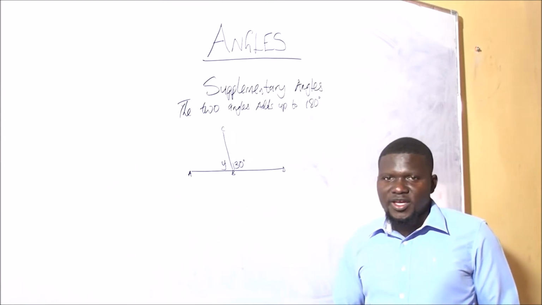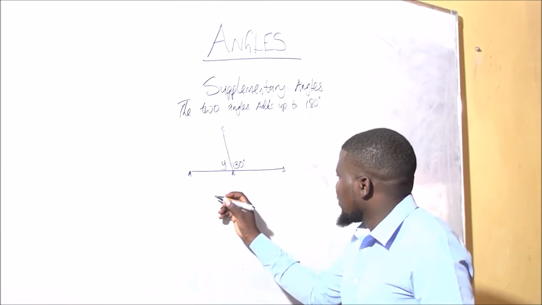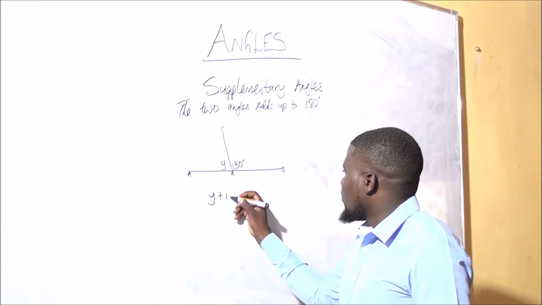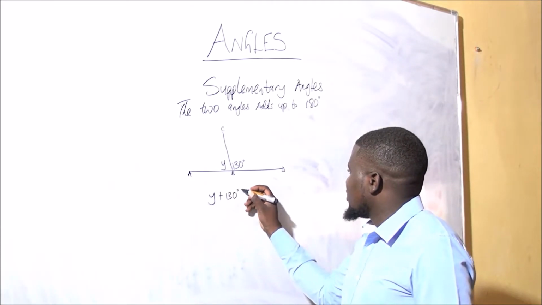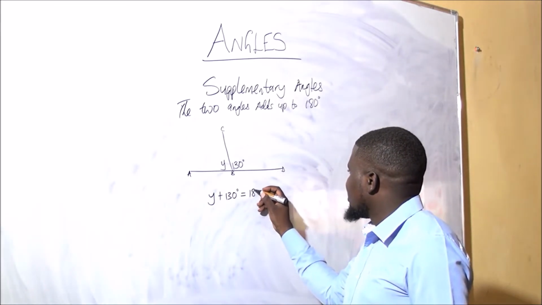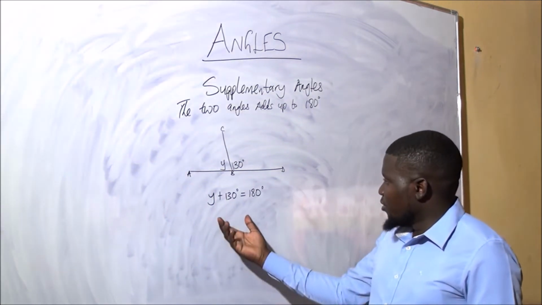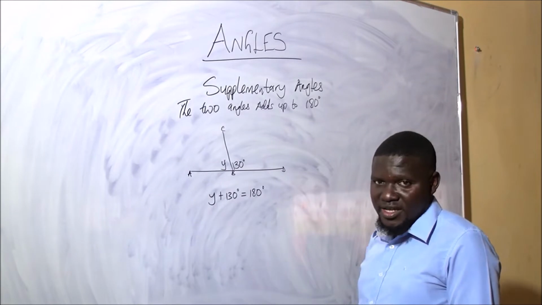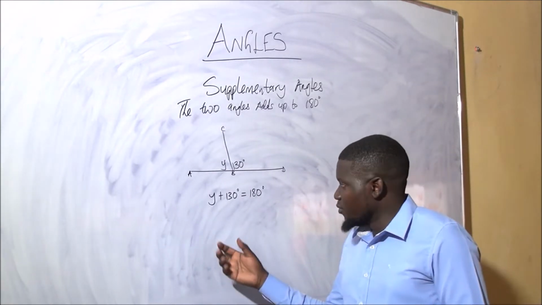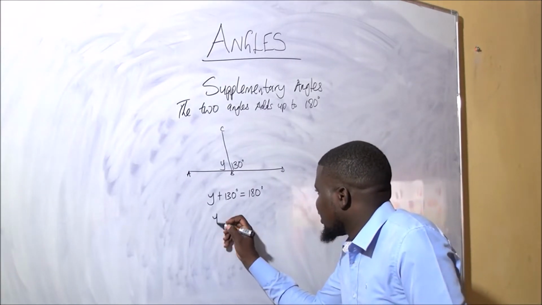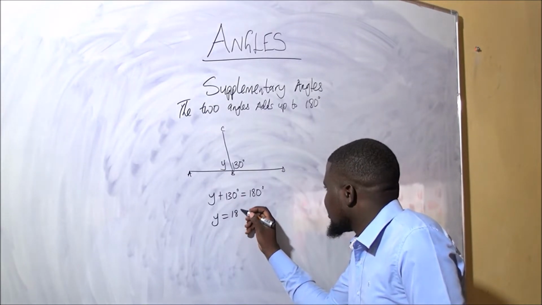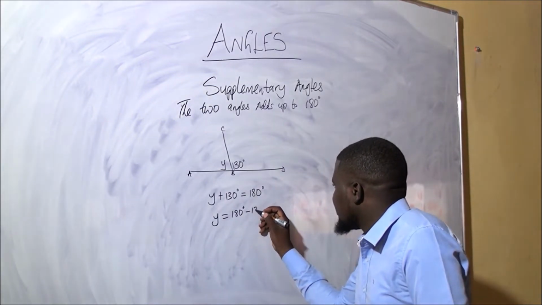What we're going to do there is simply say y plus 130 degrees is equal to 180 degrees. Then, using the additive inverse with like terms, this is an equation. We're simply going to say that y is equal to 180 degrees minus 130 degrees.